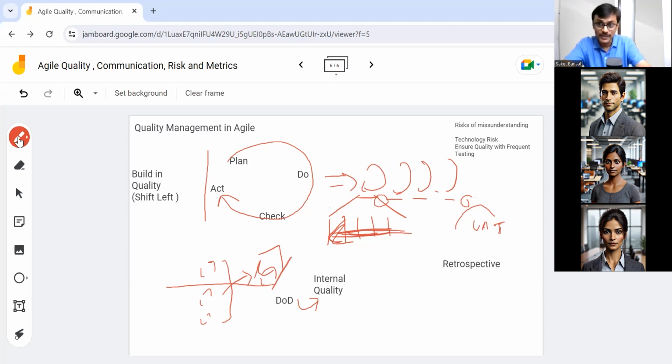So DoD having customer acceptance, not having customer acceptance, having unit testing, not having unit testing, having integration, not having integration. All those can help you understand the level of quality they are following and the depth of implementation they are doing. That's the definition of done.